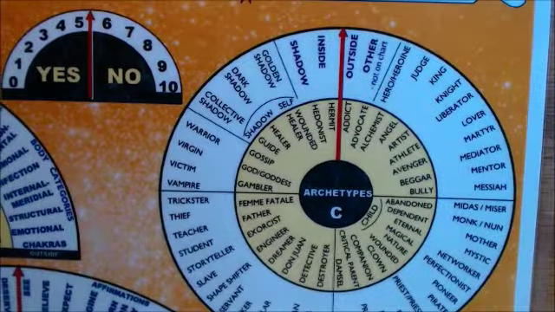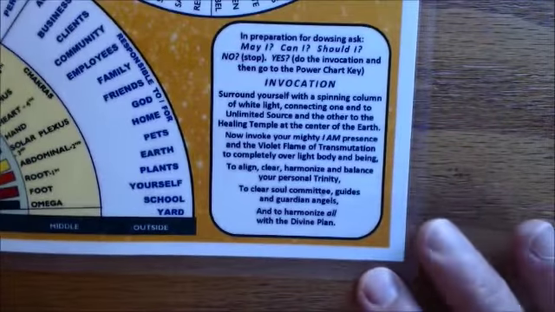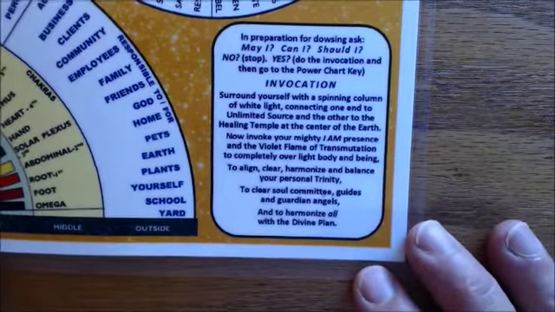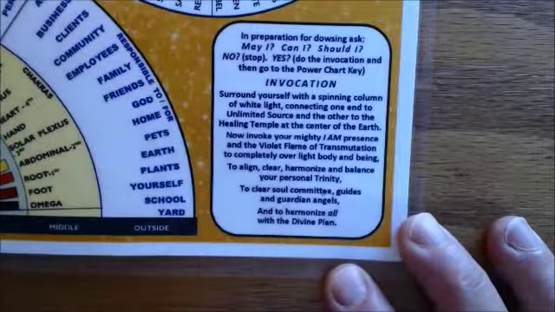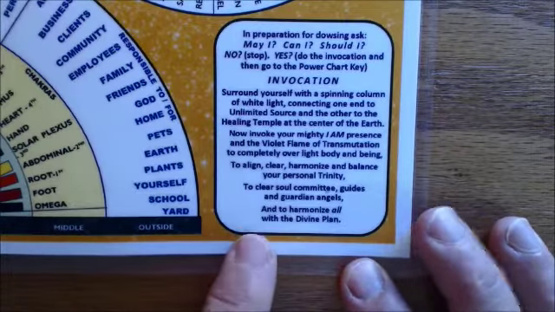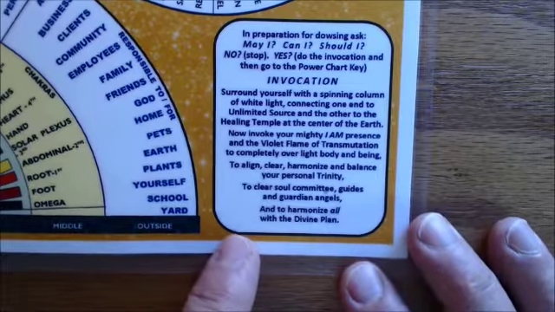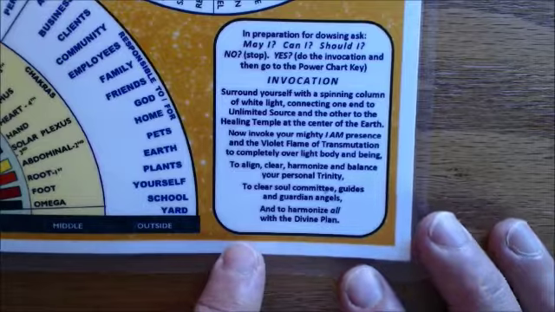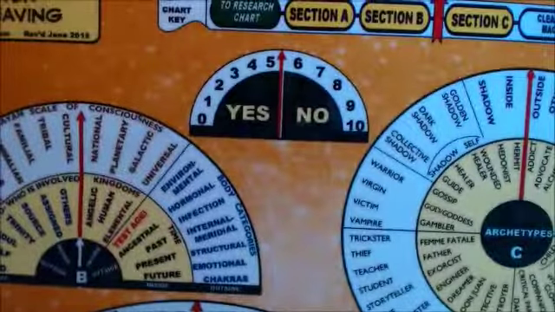So the other item on this power chart is the invocation, and it's the prayer used after you obtain permission to work. This is what you would say to get the patient or the client ready for the work, or yourself ready at that. So that, in a nutshell, is the power chart.